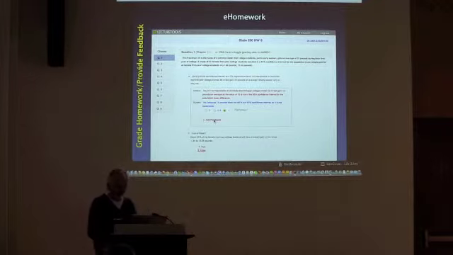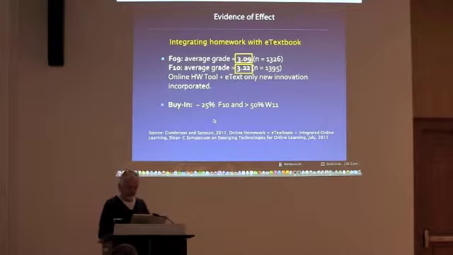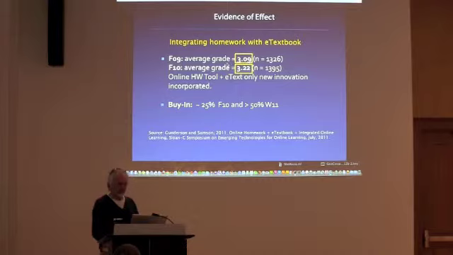And what Brenda has reported last year at the Sloan meeting is that in 2009, her average grade, and it's 1,300 students, was 3.09, and then she added this capacity to do the homework, and the students could self-assess themselves with the homework.